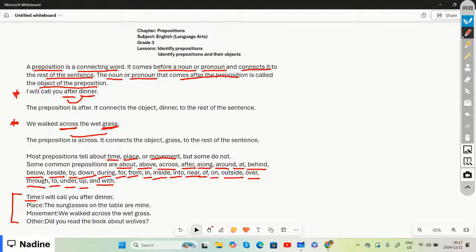I will call you after dinner. And if we were to identify our preposition, then the word after is our preposition of time.